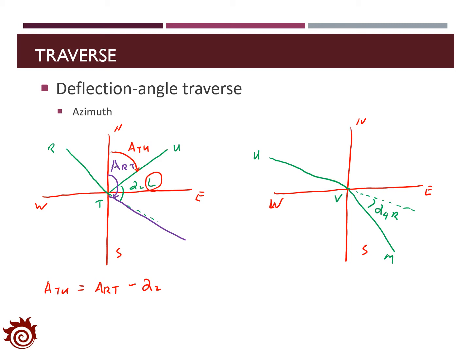In addition, from this figure, we can identify the azimuth of UV, which is also determined by the extension, as AUV, which is shown in the figure here, and the azimuth of the line VM is shown as this one.